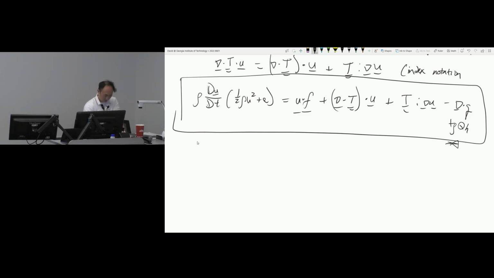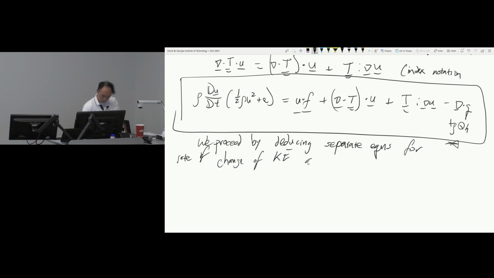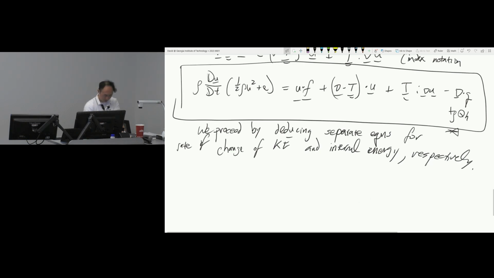So let's start with the mechanical energy equation.